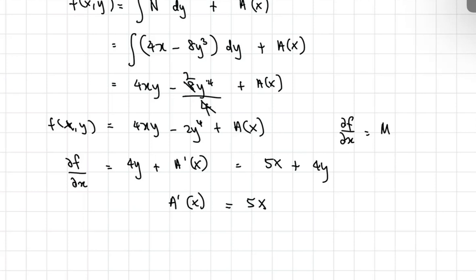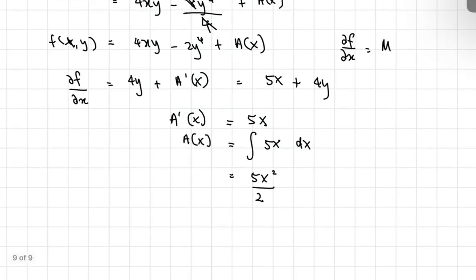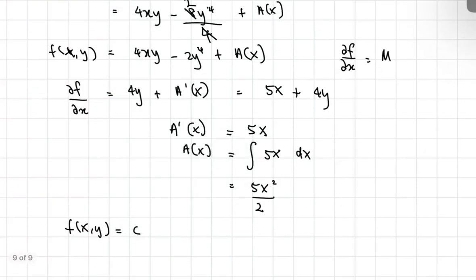We are not looking for a prime x. We want to find a(x). So we need to integrate 5x with respect to x. Integrating 5x, we get 5x squared over 2. Then the solution is f(x,y) equal to c. Our f(x,y) is this one, while a(x) is this one.